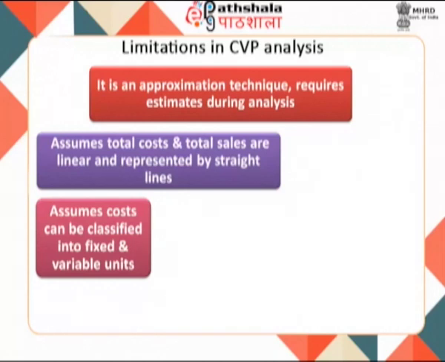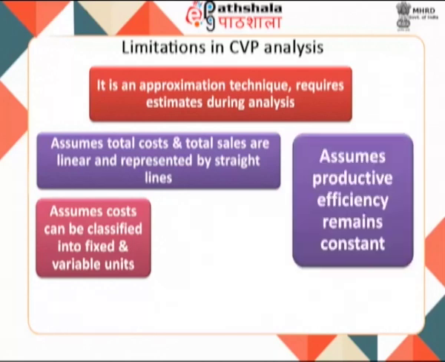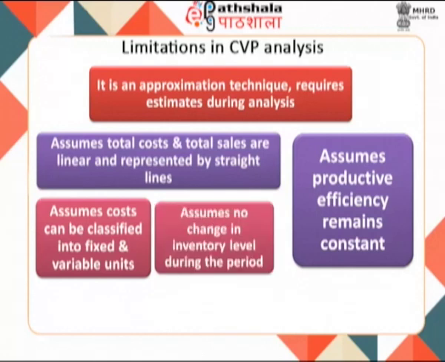Number 4, CVP analysis assumes that the productive efficiency remains constant, which may not hold true. Number 5, CVP analysis assumes no change in inventory level during the period. That is, units produced during the period are equal to units sold, which may not hold true sometimes in real practice.